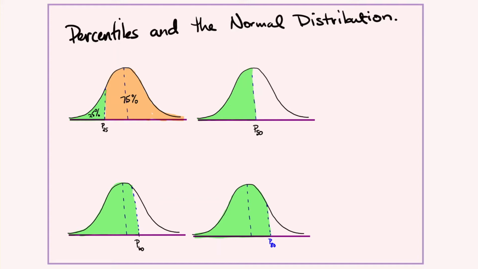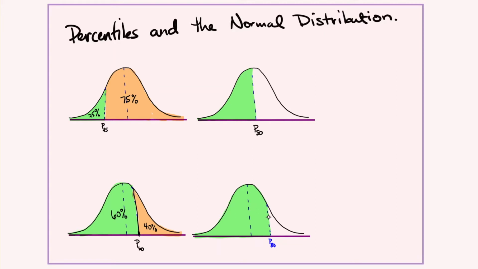A bit past the 50th percentile, we see the 60th percentile. So 60% of the data lies before this line, and then 40% of the data lies after the 60th percentile. Taken together, both the 60% and the 40% equal the entire amount of the data, or 100%.